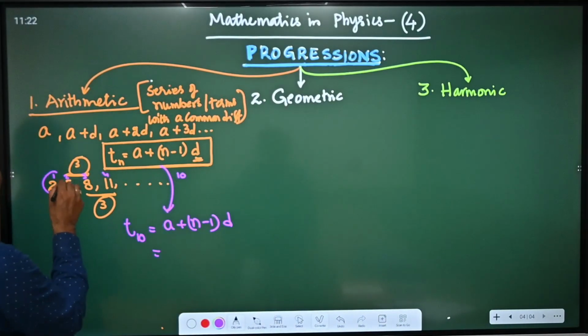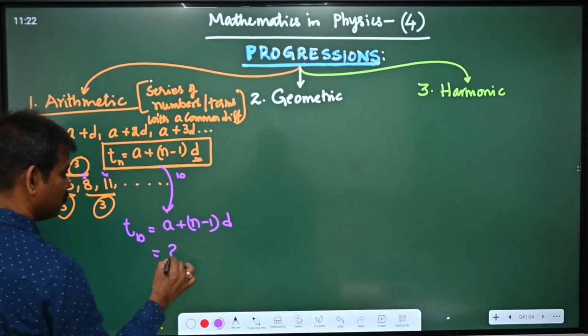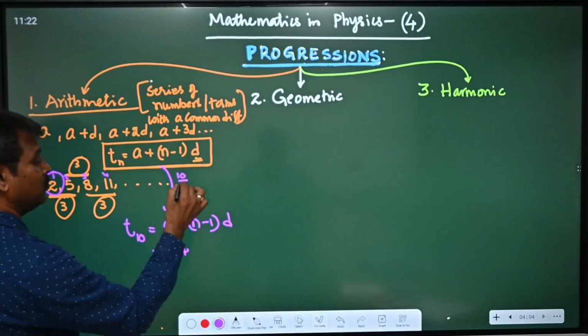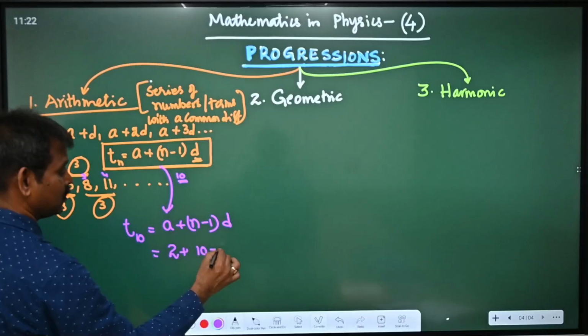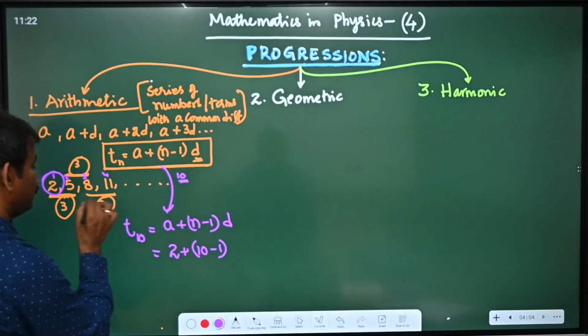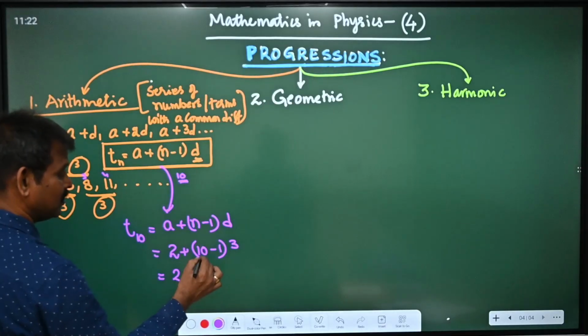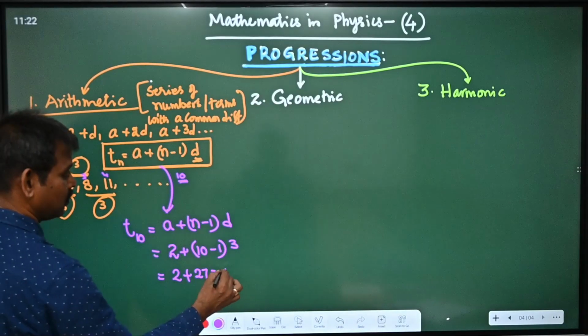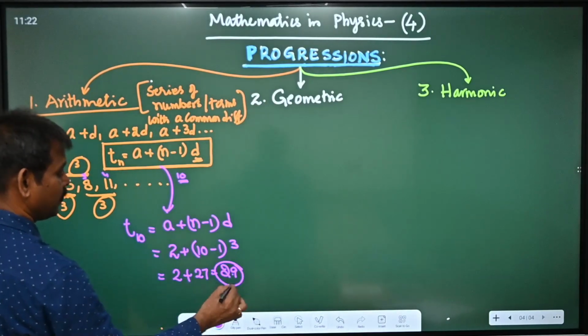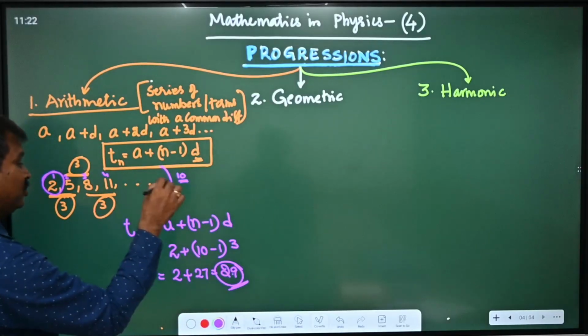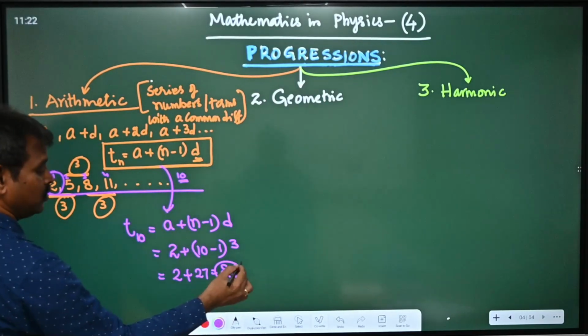Here the first term is 2. I want the 10th term. This is 10 minus 1 into common difference, which in this series is 3. So this is 2 plus 9 3s are 27, which is equal to 29. So the 10th term in this series will be 29.